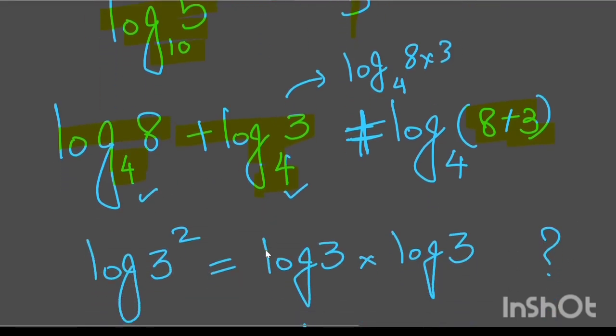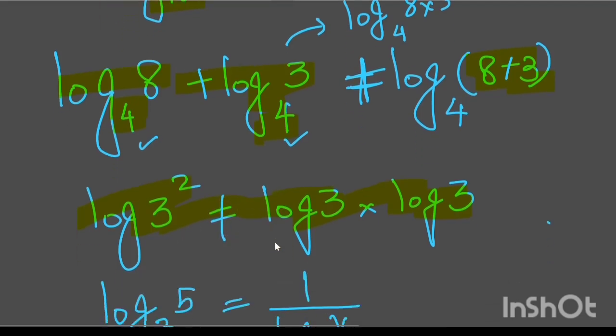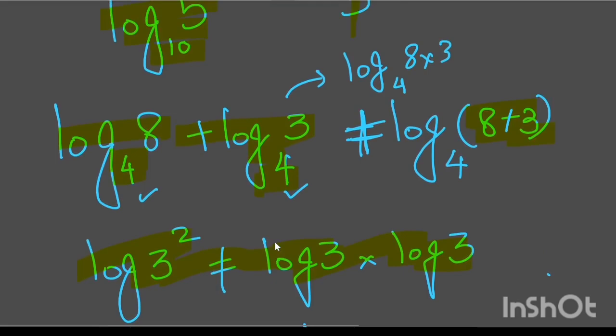And similarly, people used to write log 3 square as log 3 into log 3. Is this correct? Again, this isn't correct. Log 3 square is basically log 9.